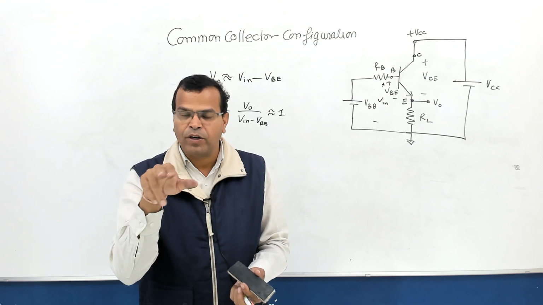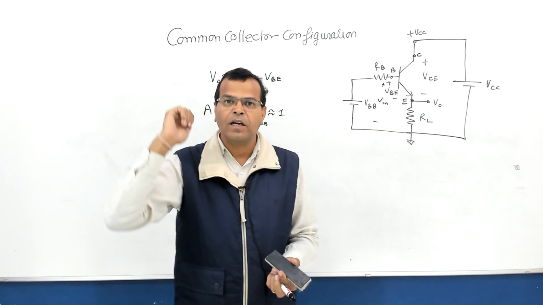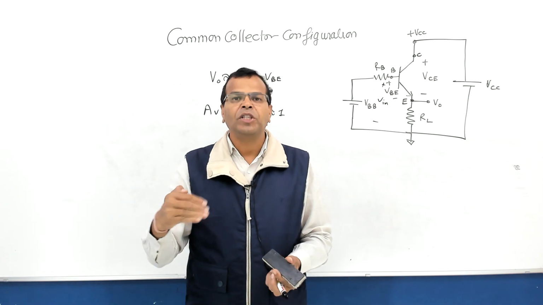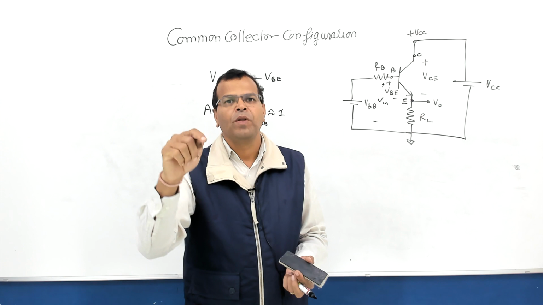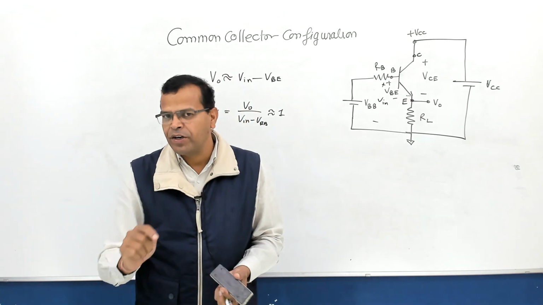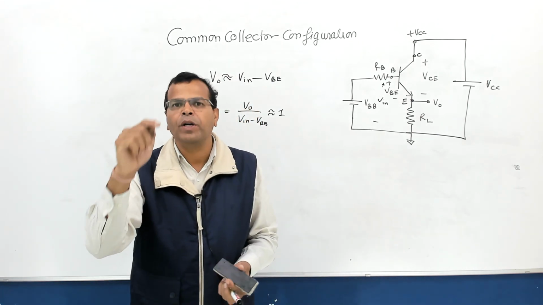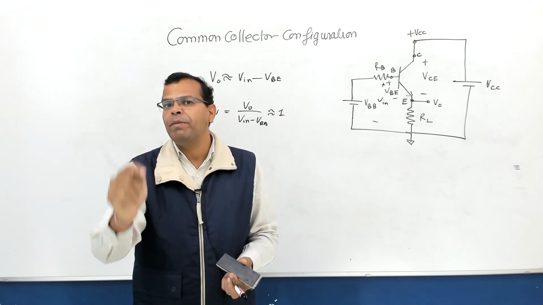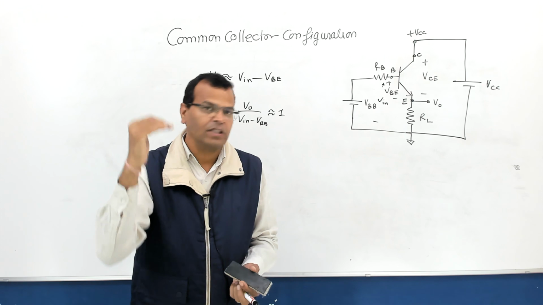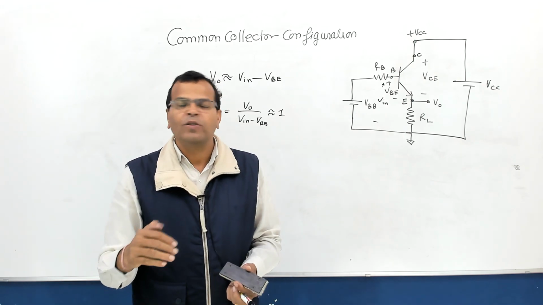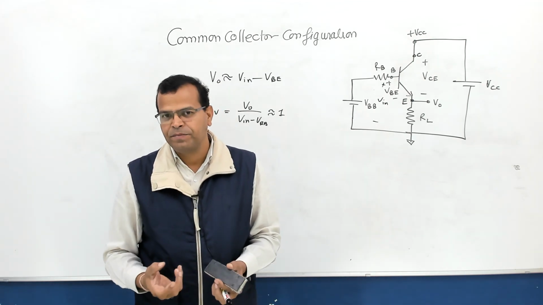Output voltage and input voltage are the same, but it enhances the current level. Such type of amplifier is called a buffer amplifier. So common collector configuration is the most commonly used buffer amplifier to raise the power level of digital signals. So it has got applications there.